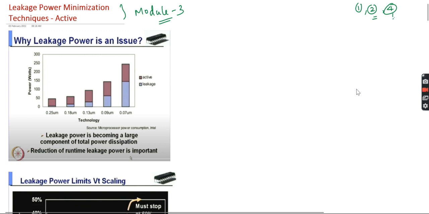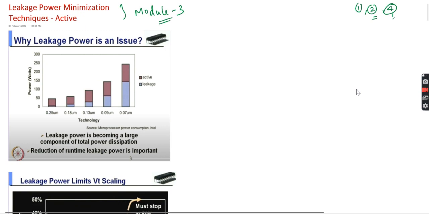Now we studied all of the power dissipations. Now how to minimize those powers, like how to minimize the switching power dissipation, the short circuit power dissipation, and the leakage power dissipation.